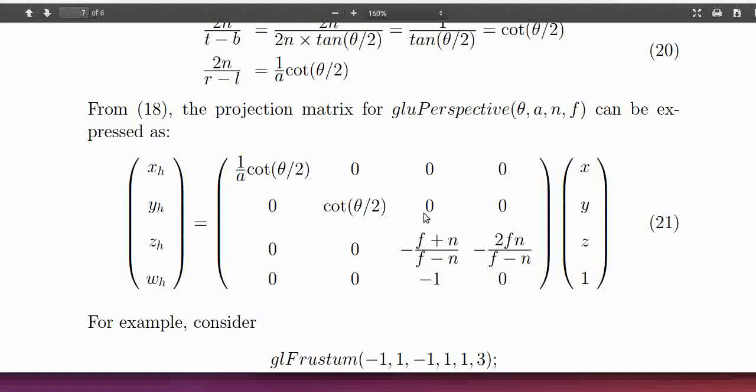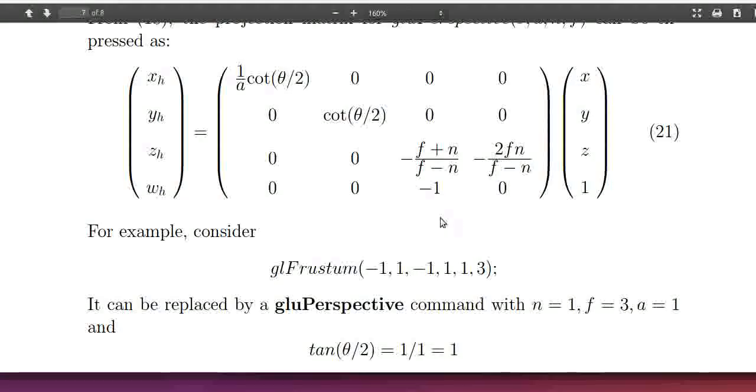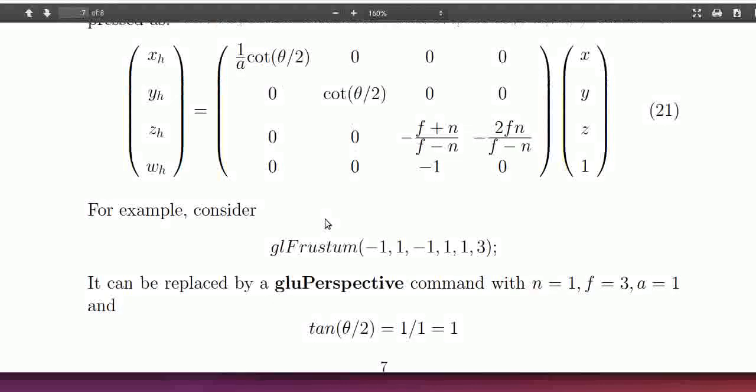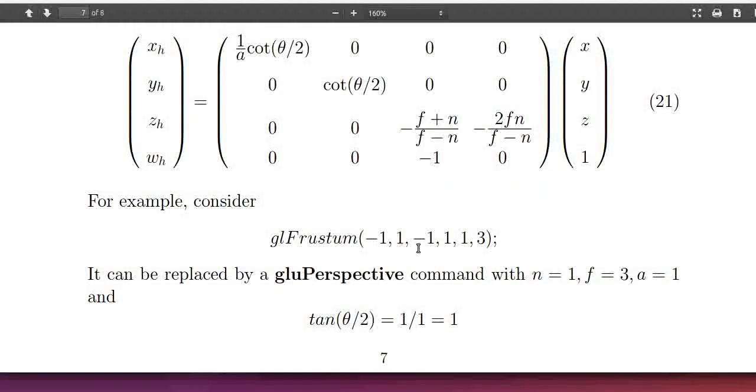Okay. Say for example, consider glFrustum negative 1, 1, negative 1, 1, 1, 3. Okay. So this can be replaced by a gluPerspective command with n equals 1, f equals 3, and aspect ratio equals 1. Okay.